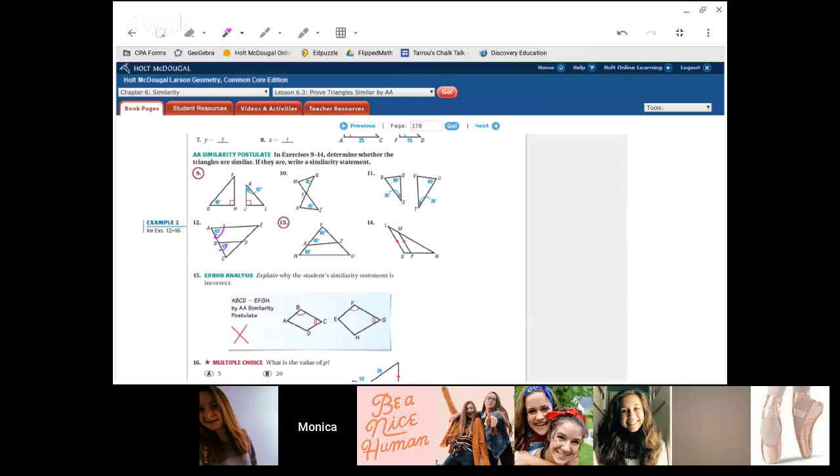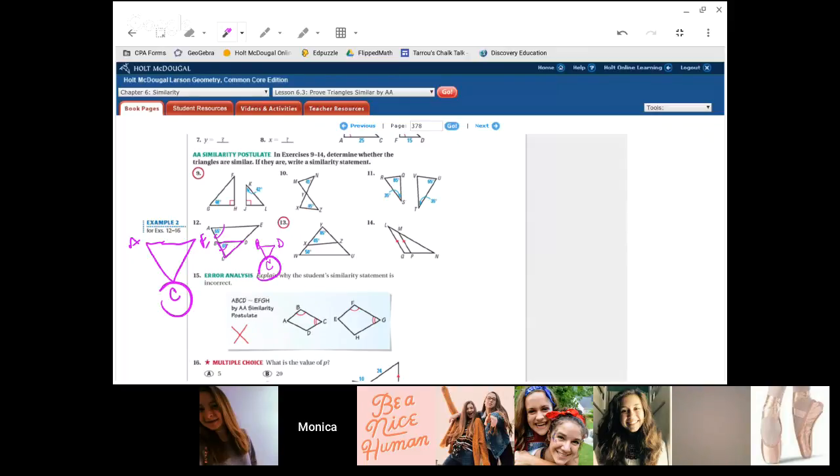If you draw those triangles separately, you have triangle BDC, right? And then you have the big triangle AEC.